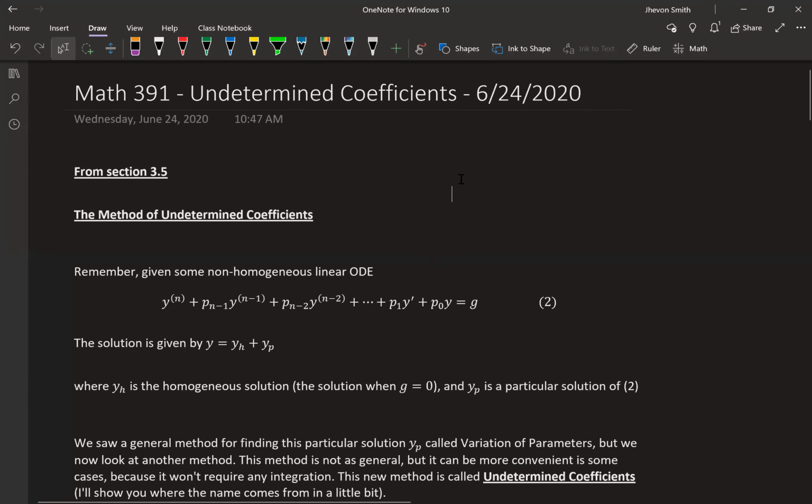So it has to be a function that when you keep differentiating it, you keep getting a similar function to what you had before. And it works very well when the coefficients on this side are actually constants, right? So while it's possible to make it work in general, it's easiest to work when you have constant coefficients on this side, and on that side, you have a function whose derivatives are similar to what the original function is. When you're in that situation, you can use the method of undetermined coefficients.